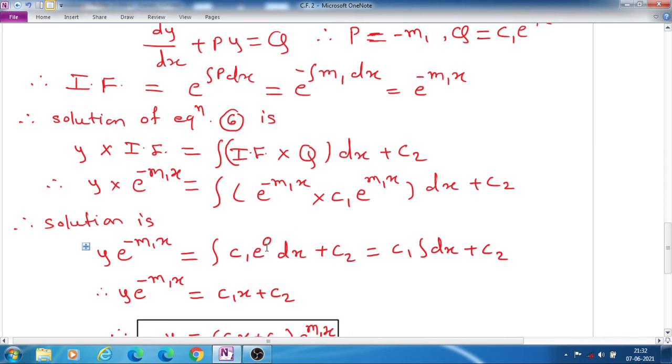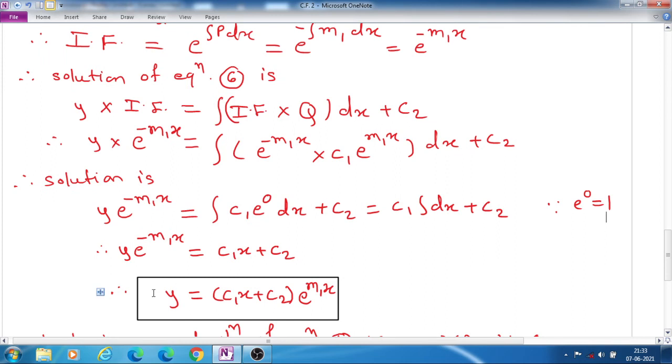Therefore e raised to 0, the value of e raised to 0 is 1. So this becomes integral c1 dx only plus c2. So y into e raised to minus m1x is equal to c1x plus c2.